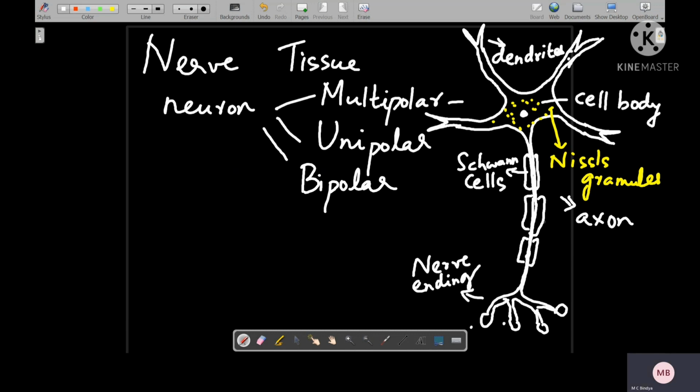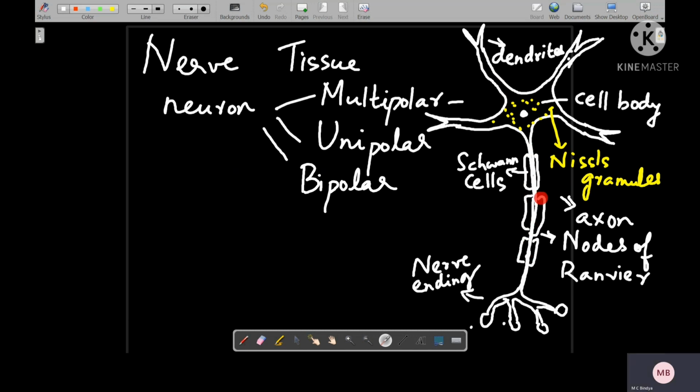The gaps between these Schwann cells are called nodes of Ranvier. Thus, the electrical impulses that travel from the dendrites pass through the cell body, and then they pass through the axon.